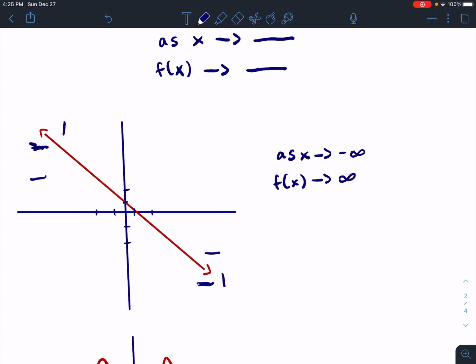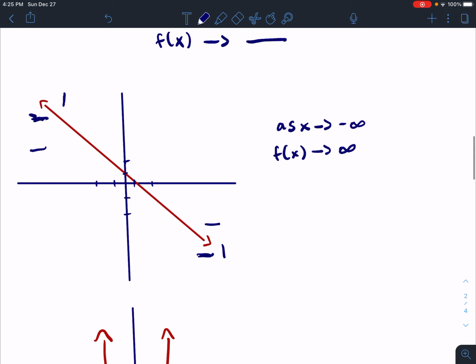So it's approaching +infinity. And now for this side of the graph, the x value is approaching +infinity, and the y values are approaching -infinity.